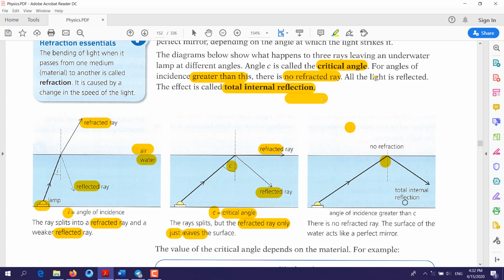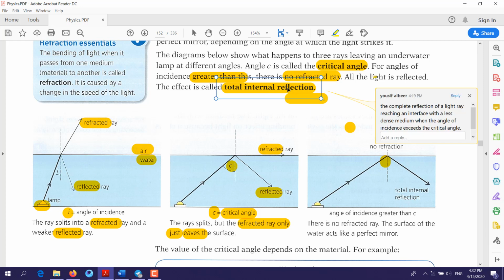There will be no refraction. So the definition for total internal reflection: it's the complete reflection of a light ray reaching an interface with a less dense medium with an angle of incidence greater than the critical angle.